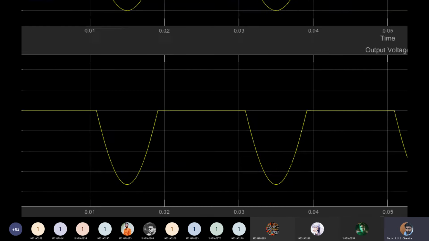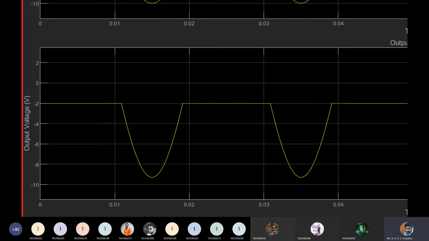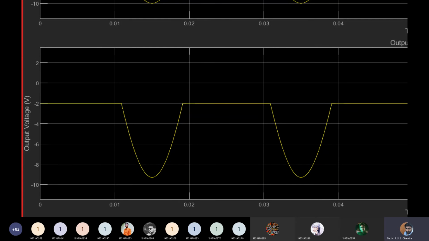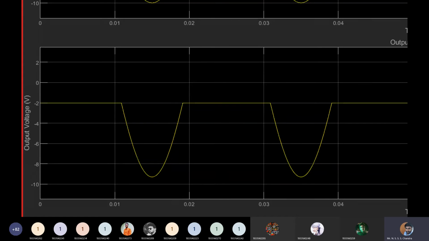Now can you see that your value is not equal to minus 10, it is slightly less than minus 10. So it is around minus 9.3. So here you are adding your diode voltage. Can you see that? Please respond. Can you observe that your negative peak is not at minus 10? It is slightly less than minus 10, which is because of the addition of your diode voltage.